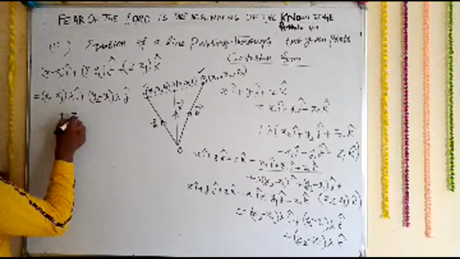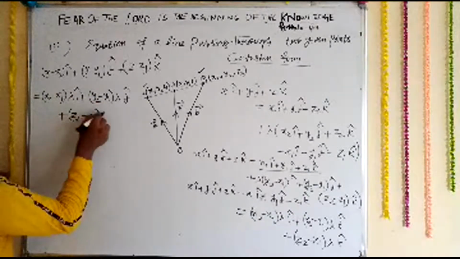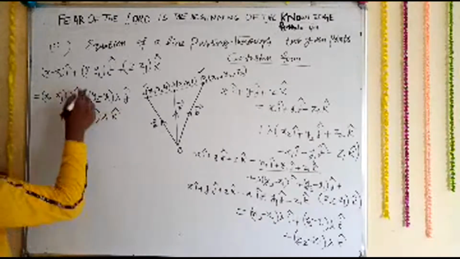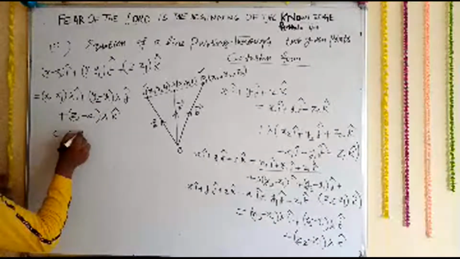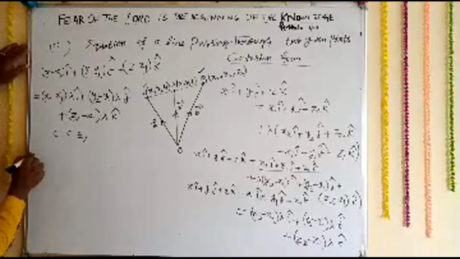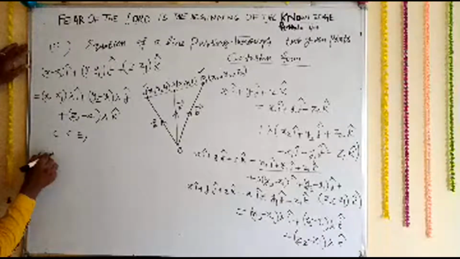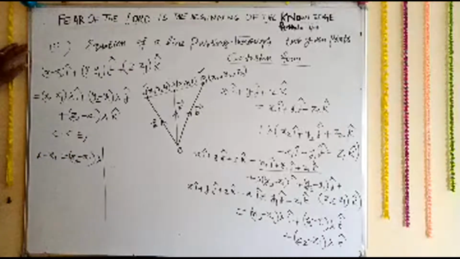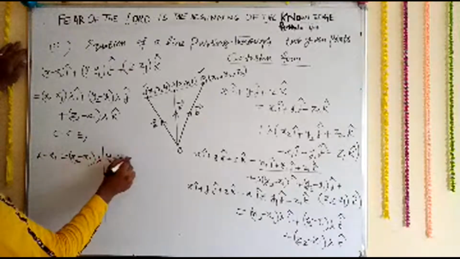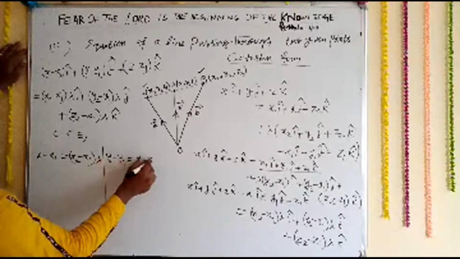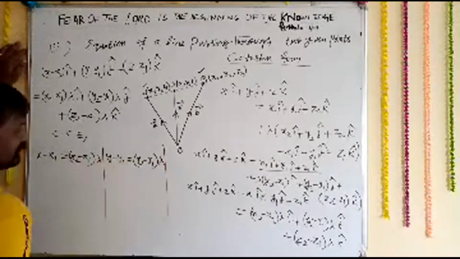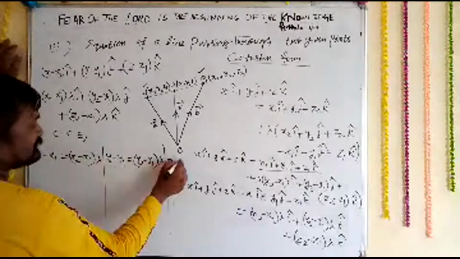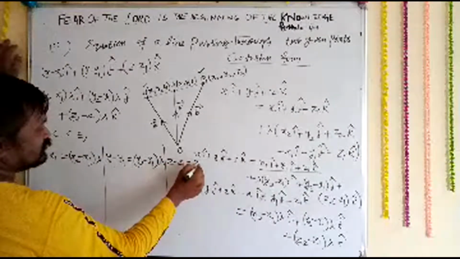Then comparing corresponding elements: x minus x1 is equal to (x2 minus x1) into lambda. Next, y minus y1 is equal to (y2 minus y1) into lambda. Next, z minus z1 is equal to (z2 minus z1) into lambda. So these three you are going to get.